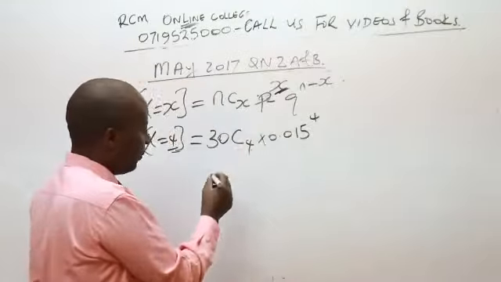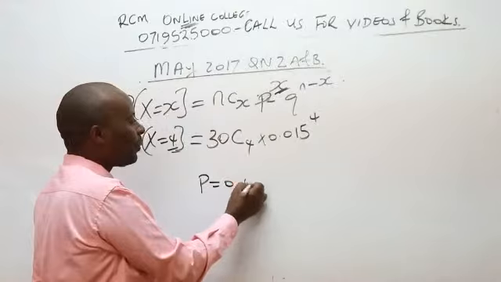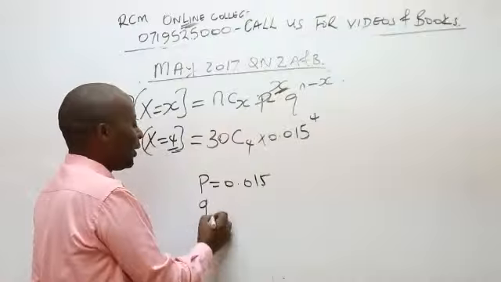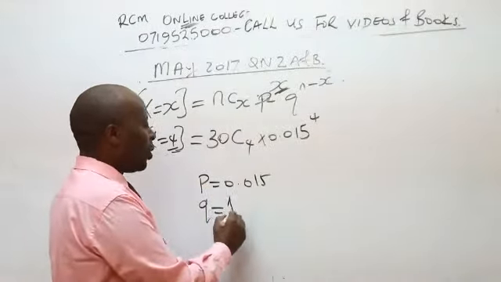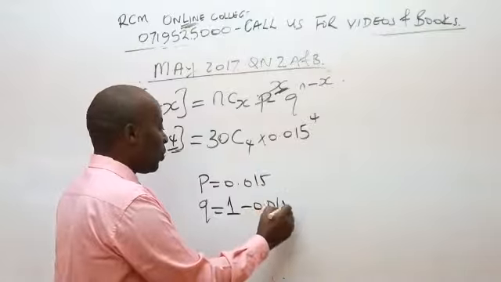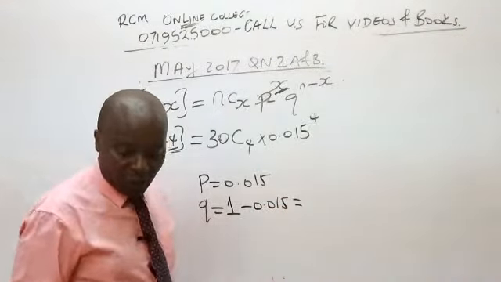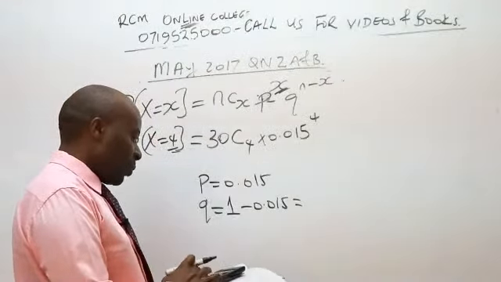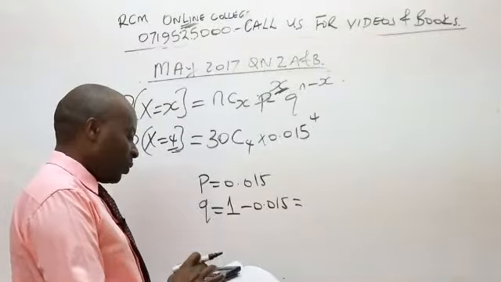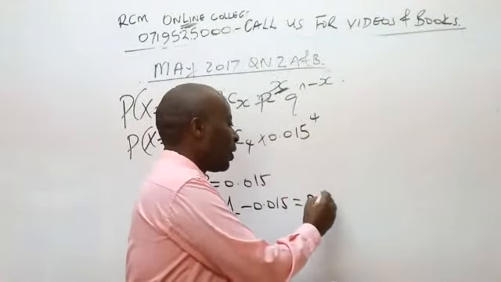I forgot to tell you that if p is 0.015, then q, given that the 2 must always add up to 1, to get q, what I need to do is take 1 minus 0.015, which is 0.985.